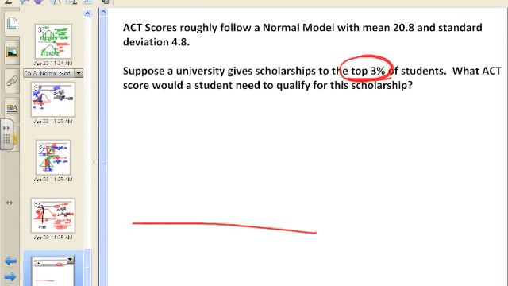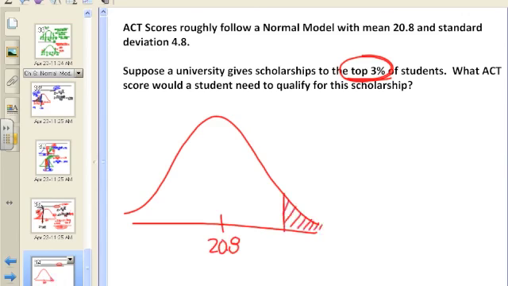So I'm going to start again with a picture. Big surprise there. Mean of 20.8 goes in the middle. And then I have this top. That's why I'm shading to the right. This top 3%. Remember, 3% as a decimal is 0.03.